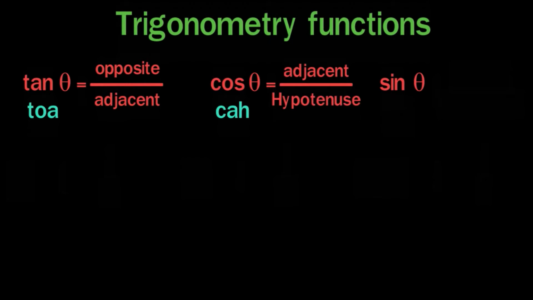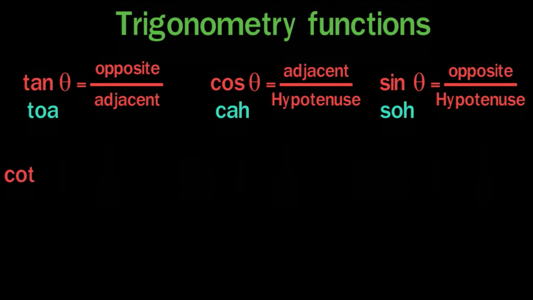And what is sine value of sine theta? You remember the words SOH, opposite over hypotenuse. So we also have another three type of trigonometry function, which is called cotangent, which is 1 over tangent, and we also have secant, which is 1 over cosine.